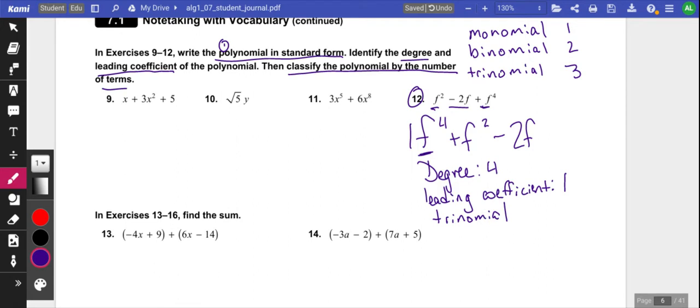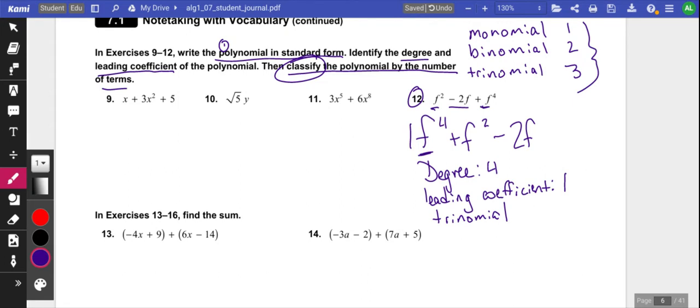Once you know this vocab, all this stuff is pretty easy. Just make sure you're not mixing different things up. Don't tell me that this has 4 terms, for example. Make sure you know, degree is the exponent, leading coefficient is the first coefficient, and when it's asking about that classify bit, it's talking about what type of polynomial we have here.